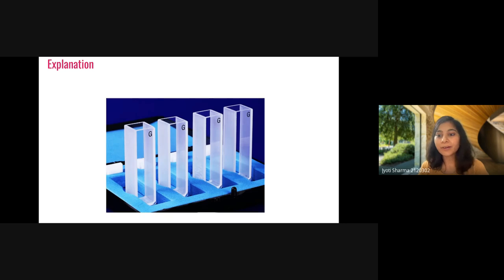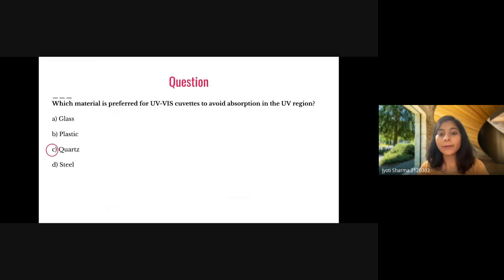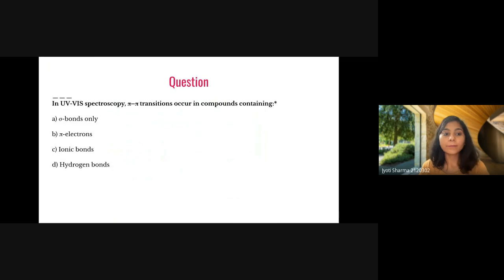If you break it, then you have to pay a fine to your institute. The thing is, they are made up of quartz so that they avoid the absorption in the UV region, right? So that's why it is made up of quartz.